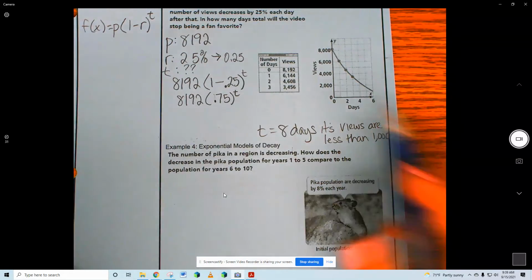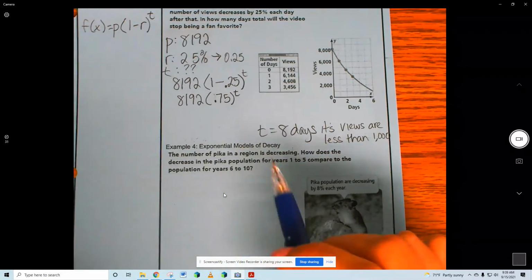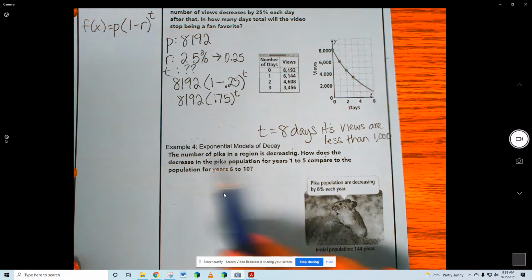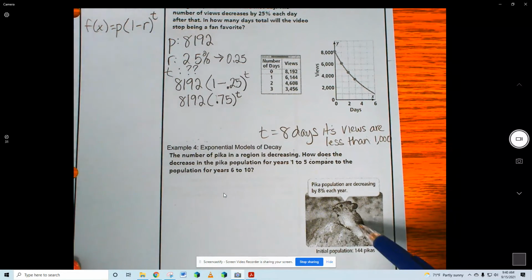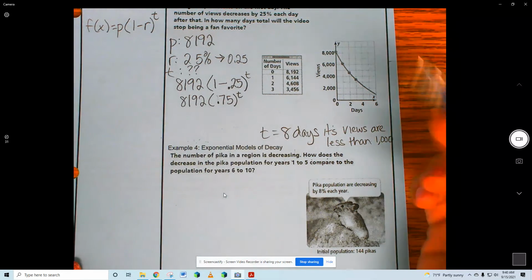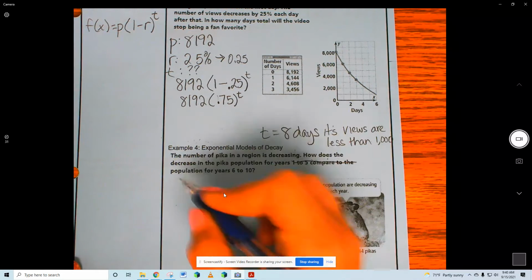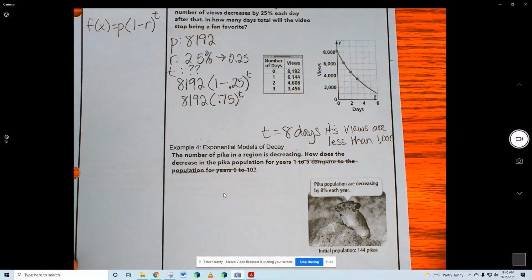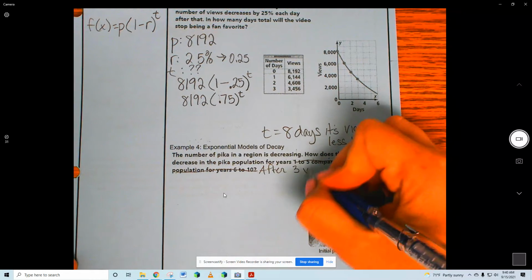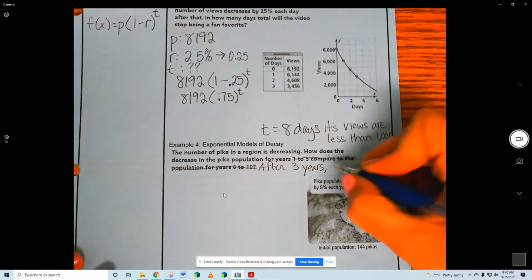All right. Here we go. The number of pica in a region is decreasing. Here's a little pica animal. How does the decrease in pica population, so here's what we're going to do. I'm changing the question on these notes. I'm going to say, after 3 years, how many pica?